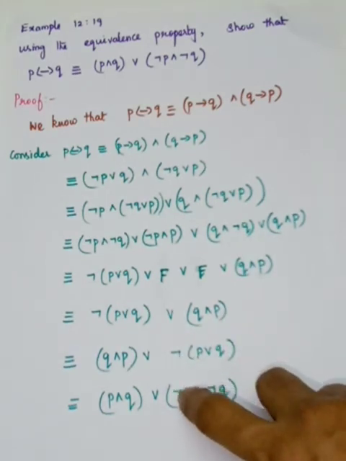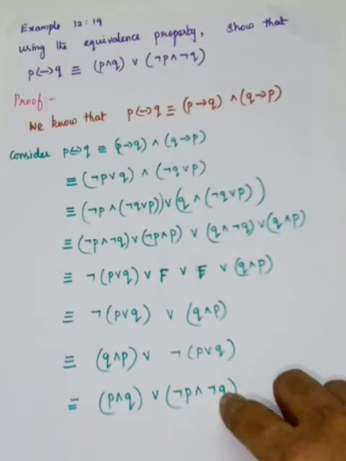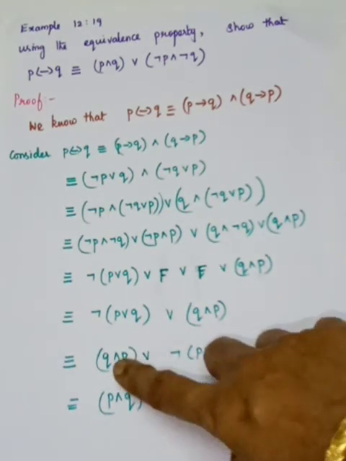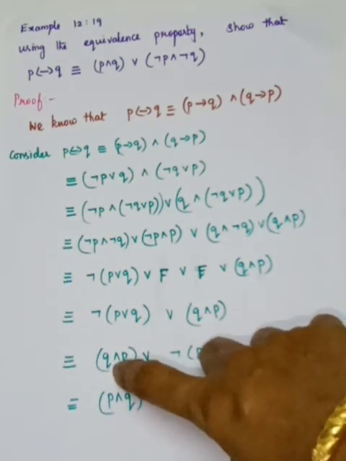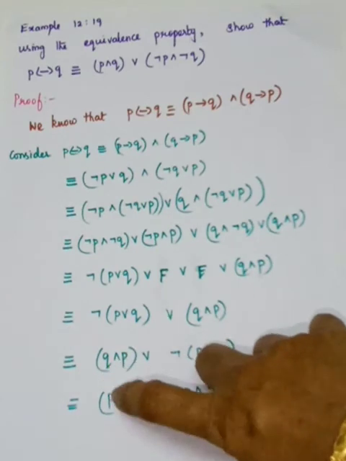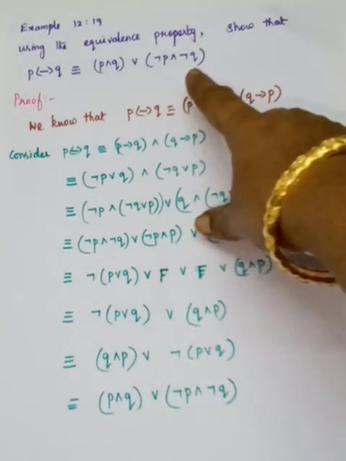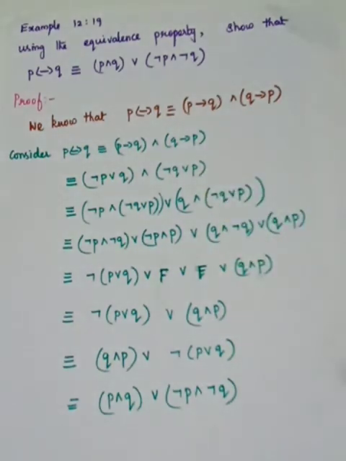What is it? Negation P and negation Q. Okay, so this is, if you use the commutative law here, this P will come first. So P and Q. So this is the result we need. So using the equivalence property or using the laws of equivalence, we have proved the two compound statements are logically equivalent. Thank you, students.